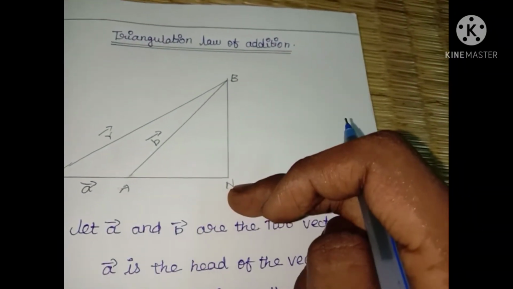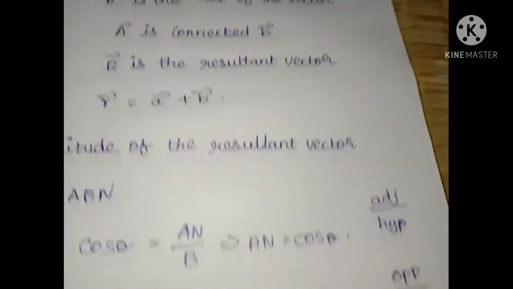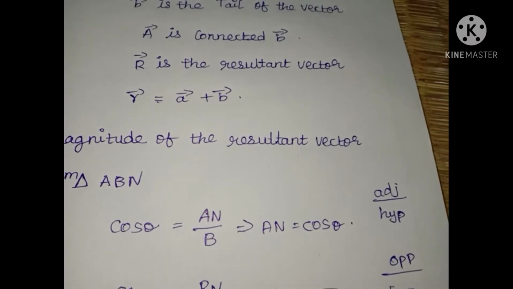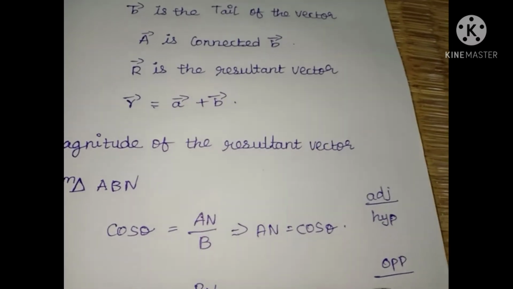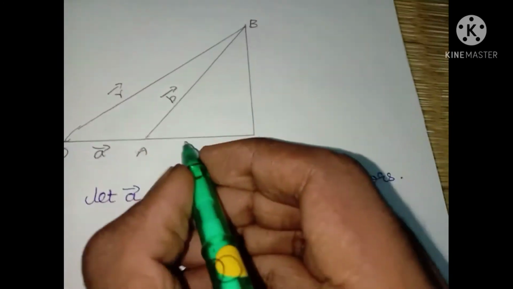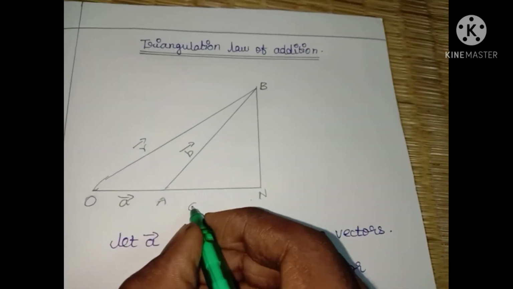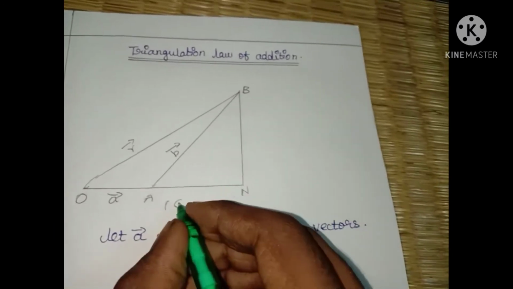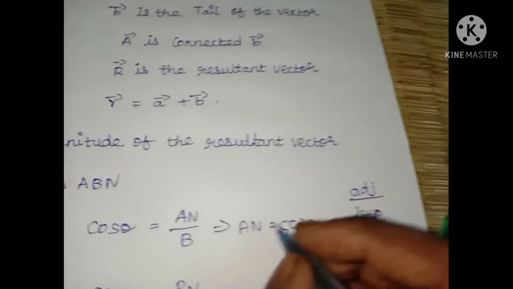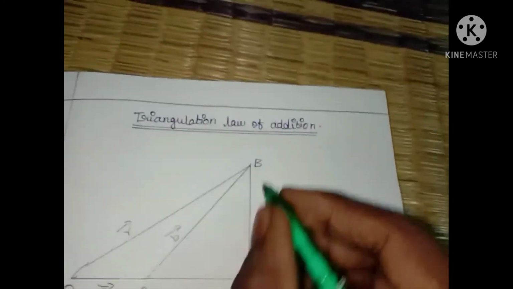Opposite is BN, hypotenuse is B, so BN by B. Now BN is equal to B sin theta. So AN is B cos theta and BN is B sin theta.